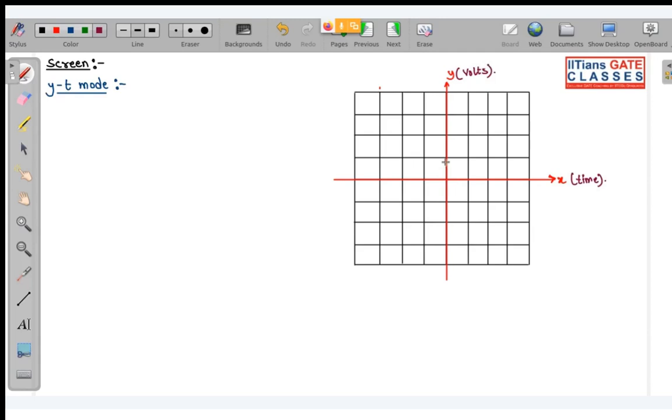Now there are even small divisions over here. 1 2 3 4 5 6 7 8 9 10. So there are in total 10 divisions over here, and even 10 divisions over here.